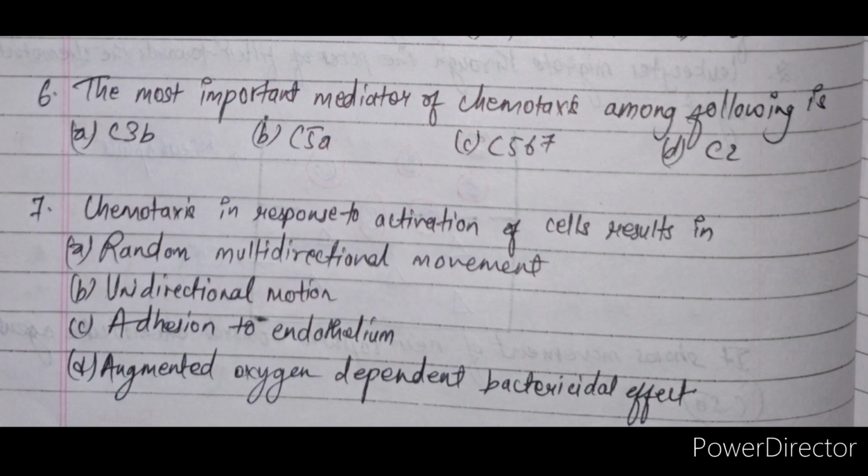Chemotaxis in response to activation of cells results in A. Random multidirectional movement, B. Unidirectional motion, C. Adhesion to endothelium, D. Augmented oxygen dependent bactericidal effect. So what's the correct answer? The correct answer here is B, that is unidirectional motion.